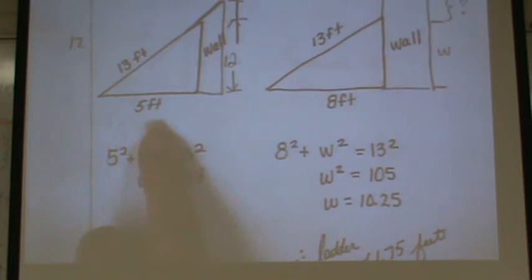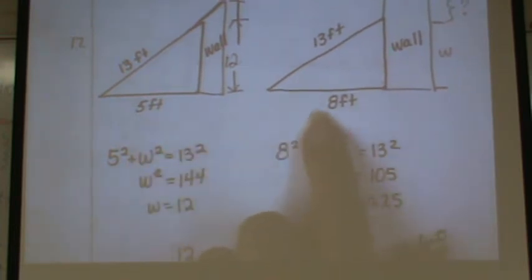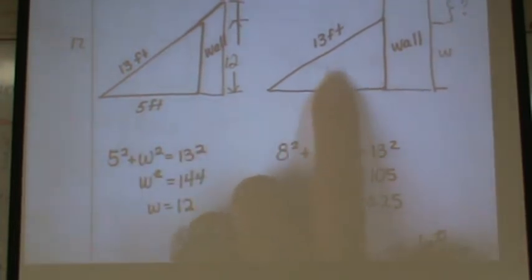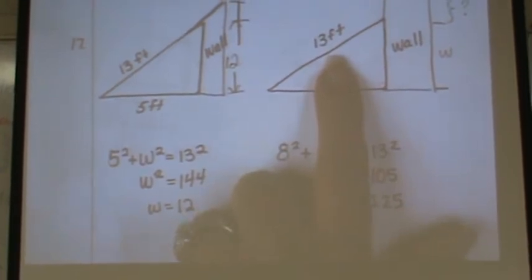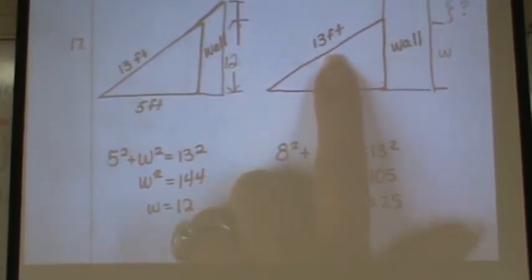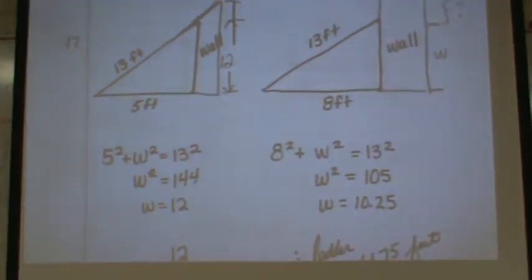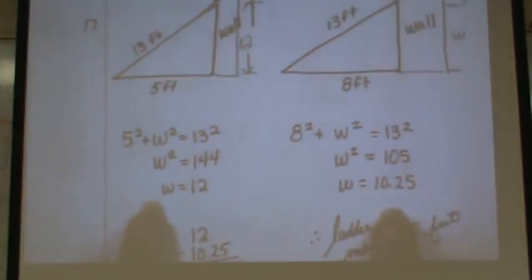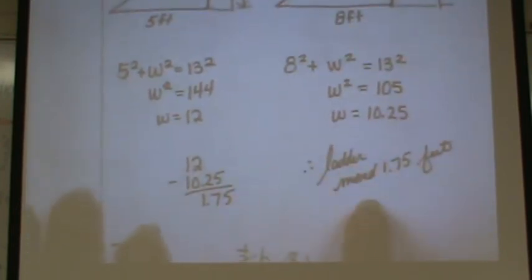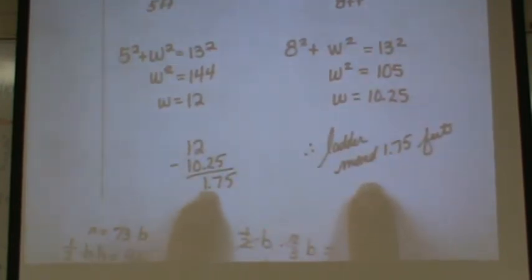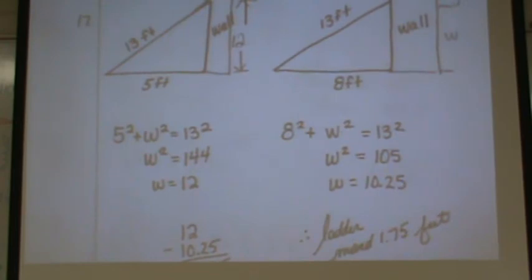If the bottom is pulled out 3 feet further, so now you're at 8 feet, the ladder still is 13 feet. How far does the top of the ladder move down the wall? So you're looking at how far down it moves. What I would do is use the Pythagorean theorem for both of these, and I would subtract these two numbers to figure out how far it moved, which is 1.75.